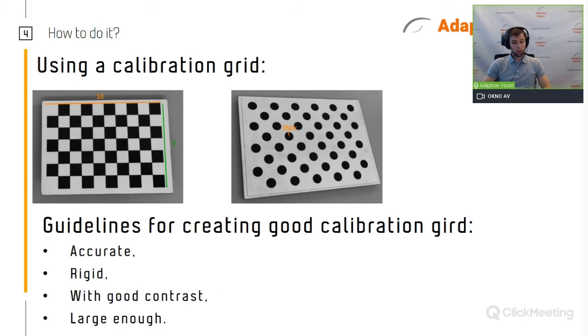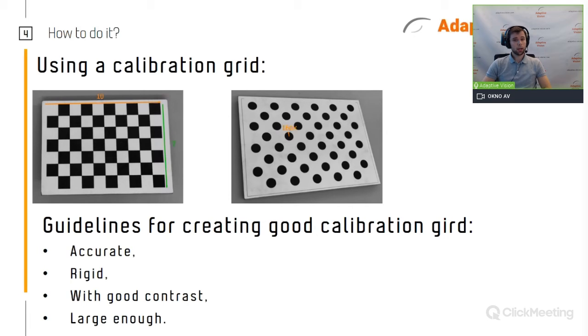Okay, so once we know when we should calibrate, then how to perform that operation. For that case, we need a calibration grid. A calibration grid can be a chessboard or a circle board.